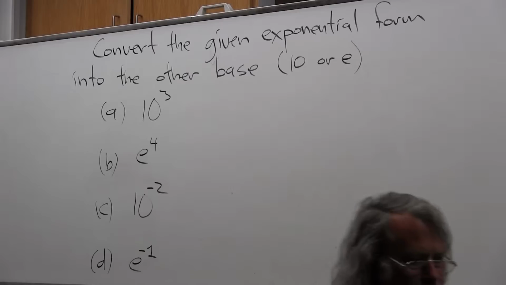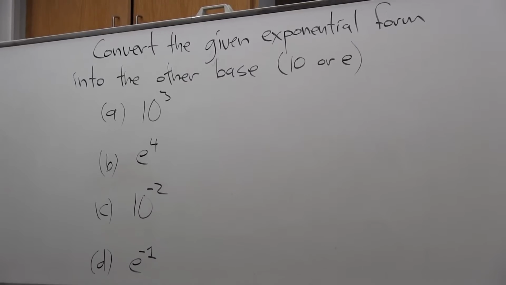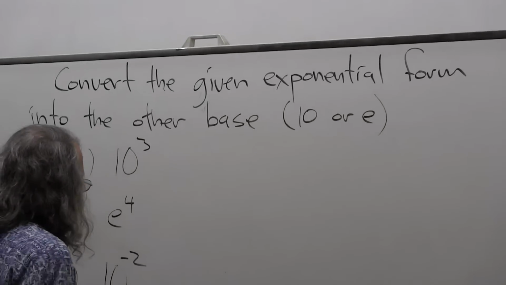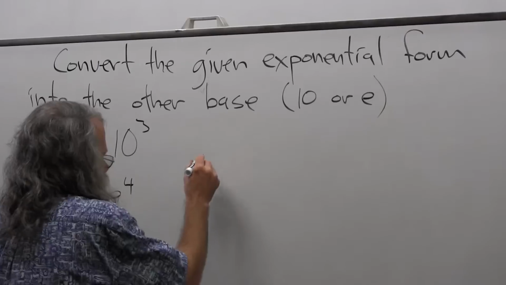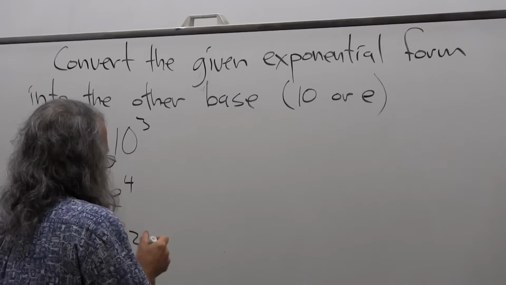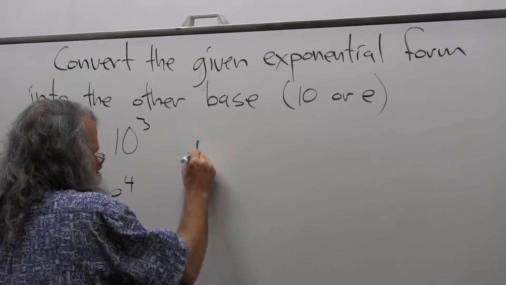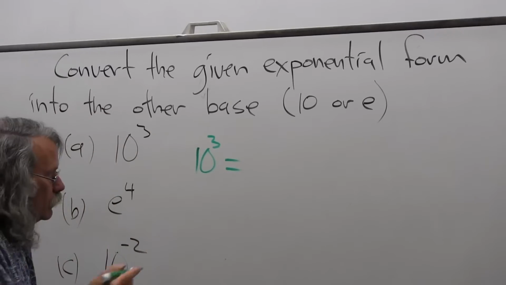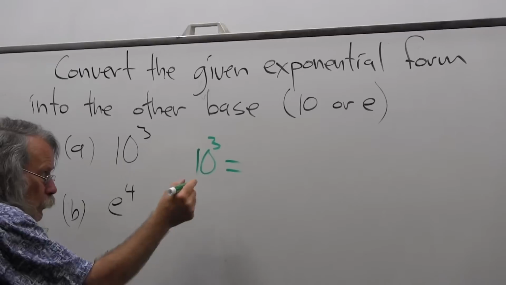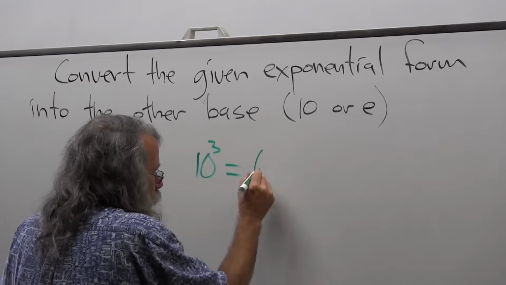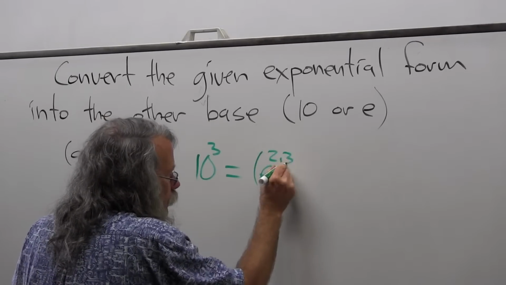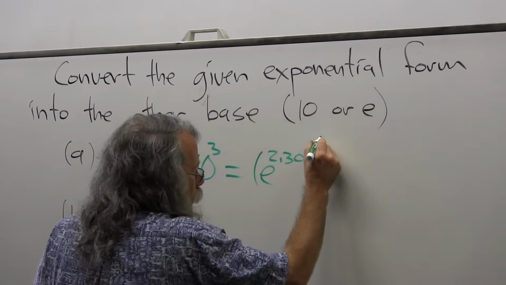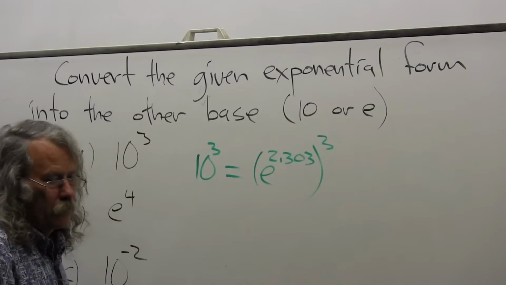So let me get my pen. 10 cubed. We substitute in the equality for 10, which is e to the 2.303, and this is raised to the third power.